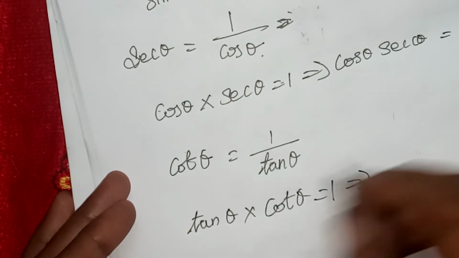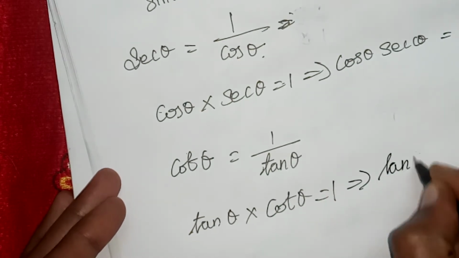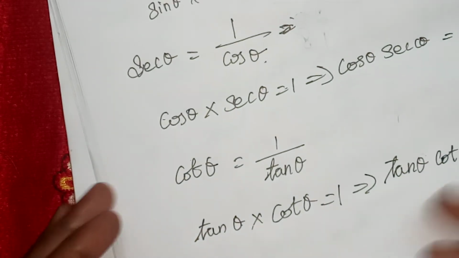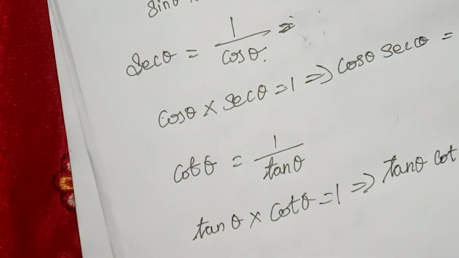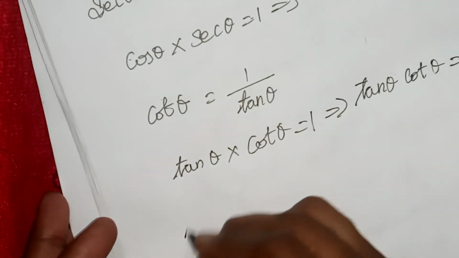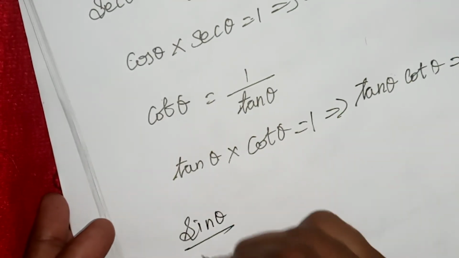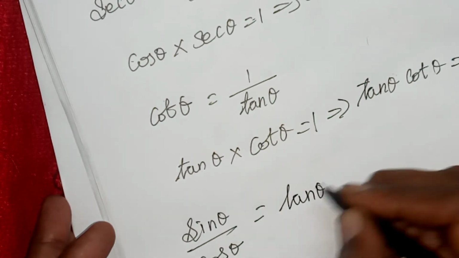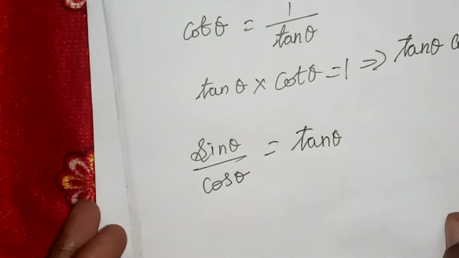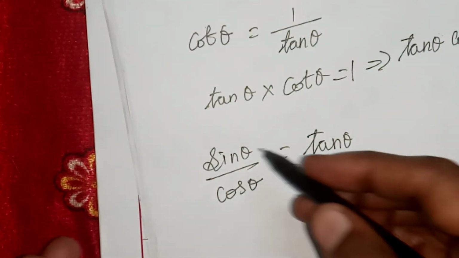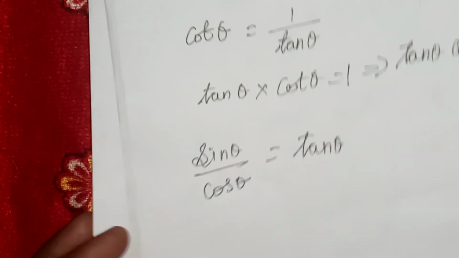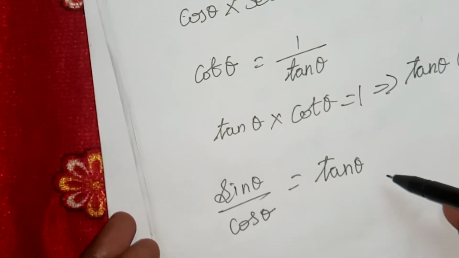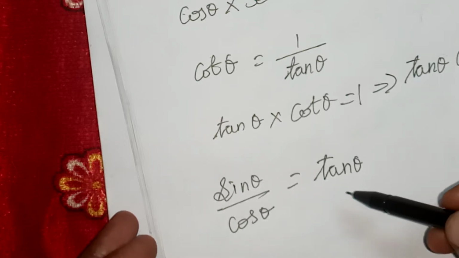Then one more formula: sin theta by cos theta is equal to tan theta. Clear? Okay.